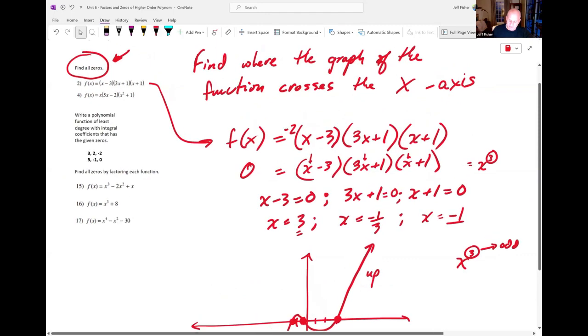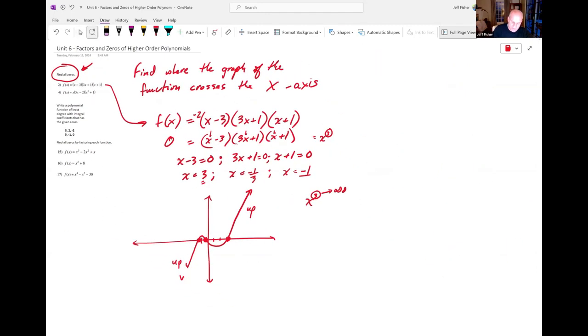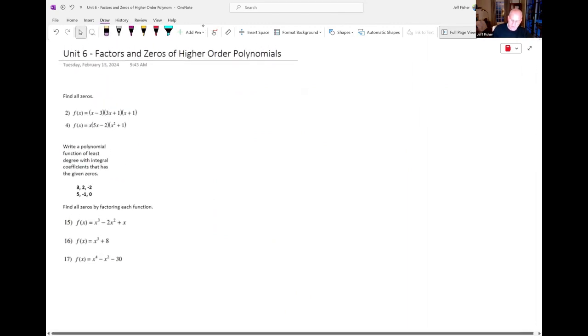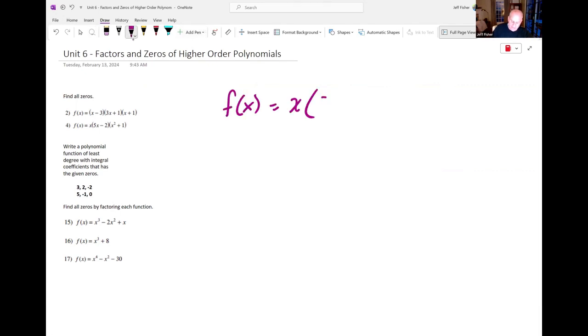Now, let's find the zeros of this other one. So let me get rid of some of this. How about f of x equals x times 5x minus 2 times x squared plus 1. Okay?